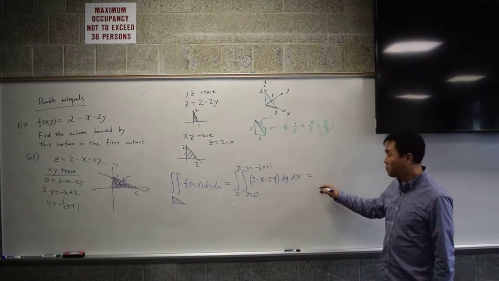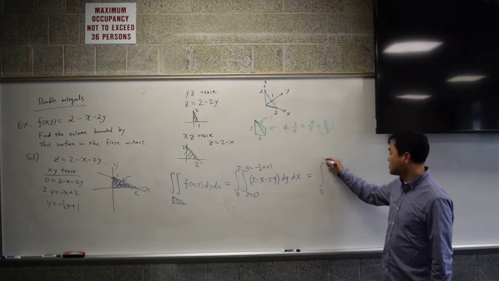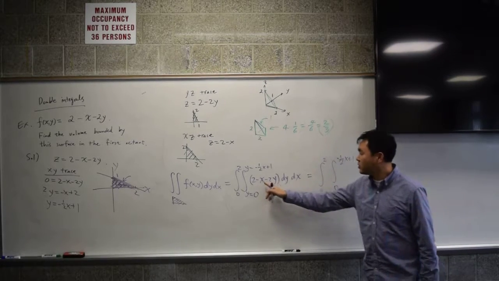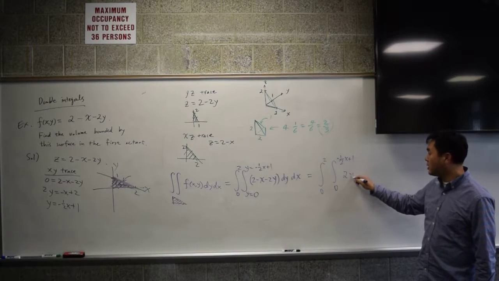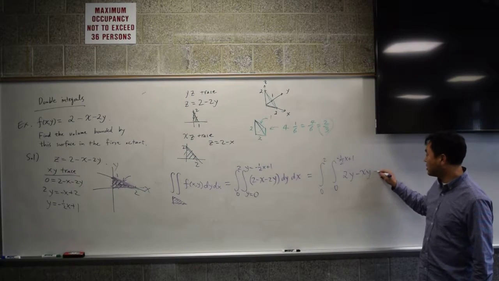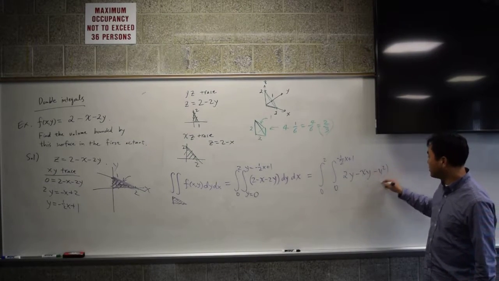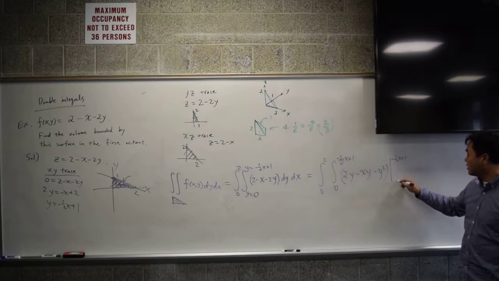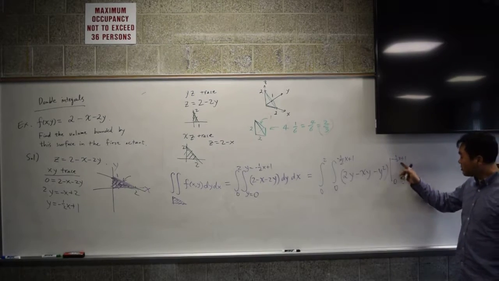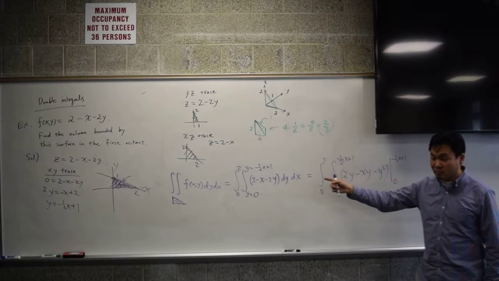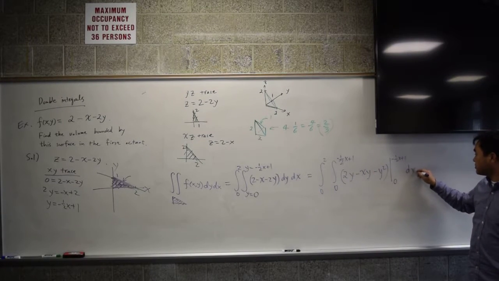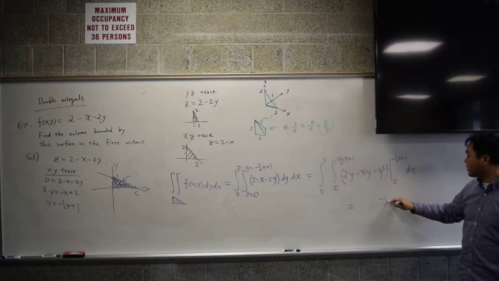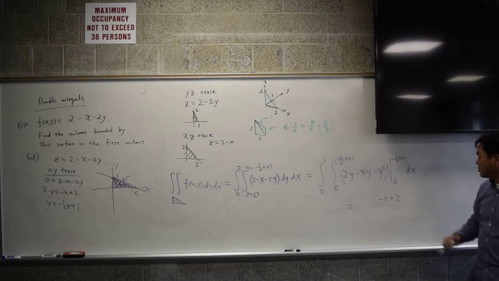Okay, now let's actually do the computation. If you integrate by y, 2 integrates to 2y, x integrates to xy, 2y integrates to y squared. You're trying to plug in negative 1 half x plus 1 into y, and also 0 into y. And remember, these are only going into y because you're integrating by y, times dx. When this goes in here, twice of this is negative x plus 2.